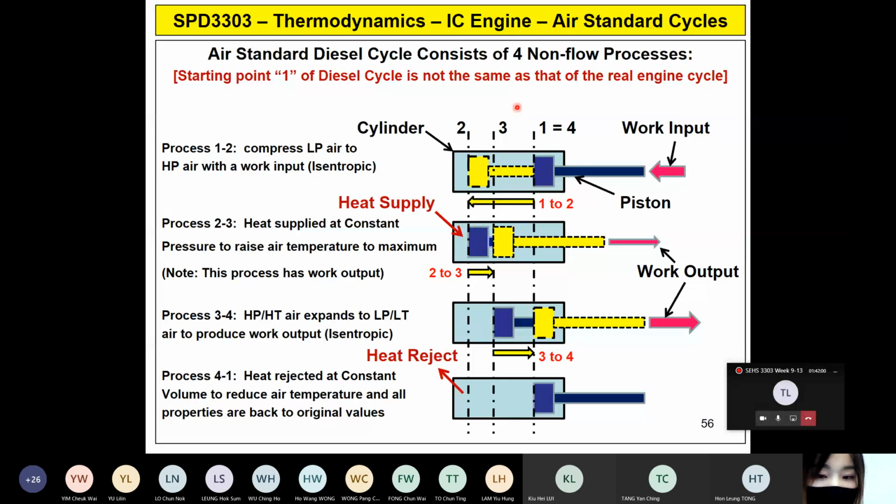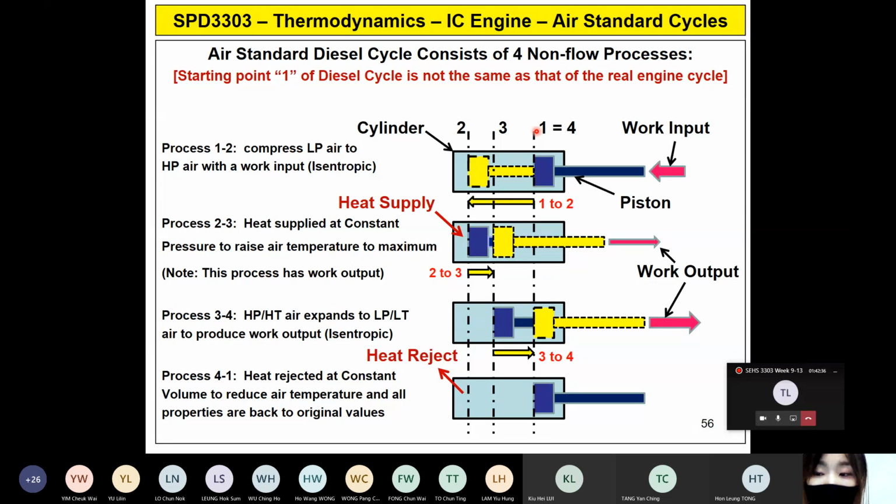What is isentropic? Isentropic means no heat, adiabatic, and reversible. And also this process has a characteristic. It should be PV to the power of gamma equals constant, right? That's the characteristic of this process.